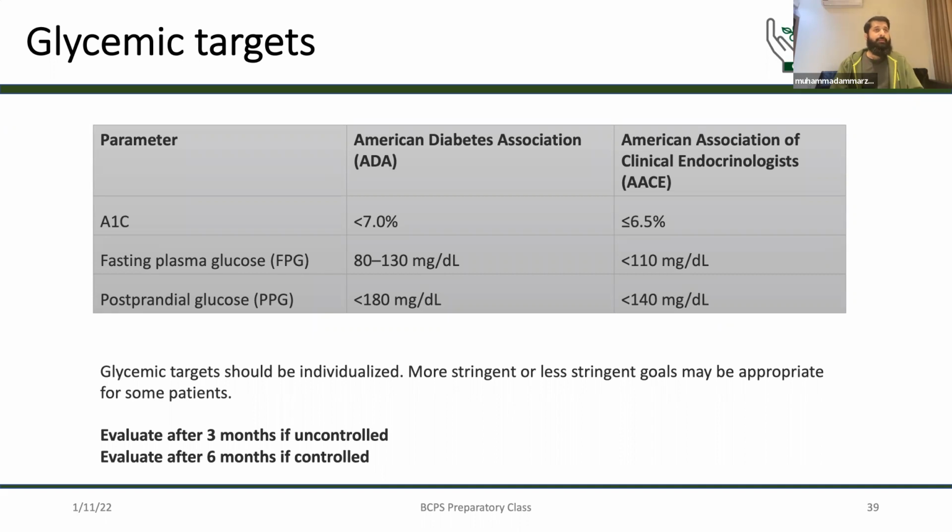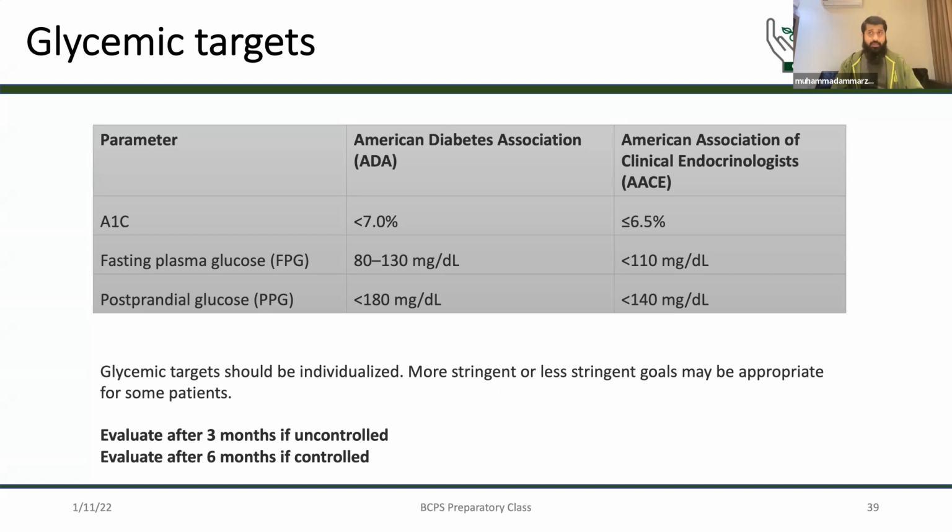You should aim for an A1C level of less than 7 or less than 6.5%, as recommended by the American Association of Clinical Endocrinologists. You should aim for fasting plasma glucose of 80 to 130 mg per deciliter and postprandial glucose of less than 180 mg per deciliter.